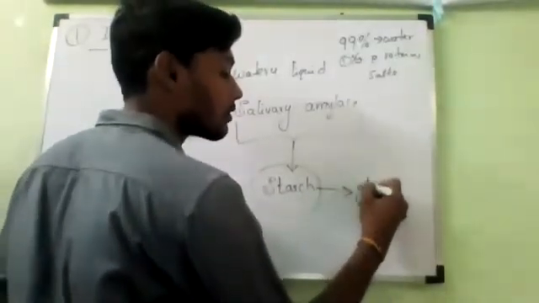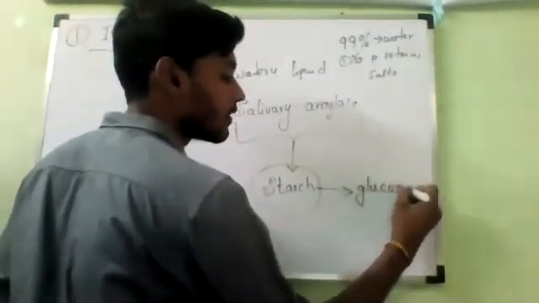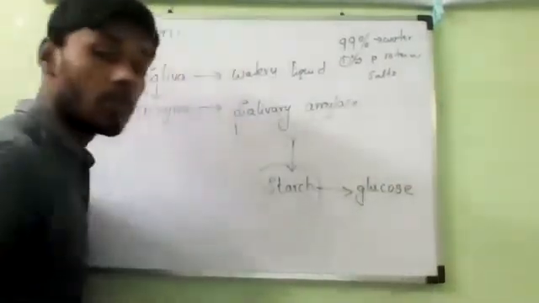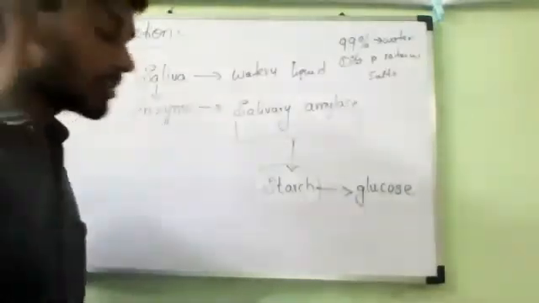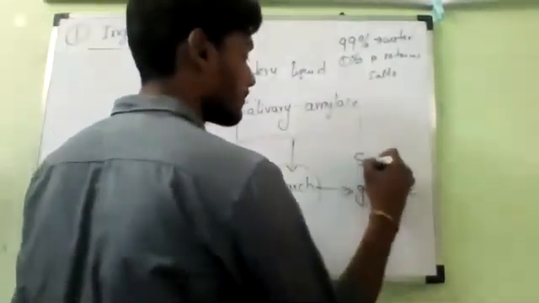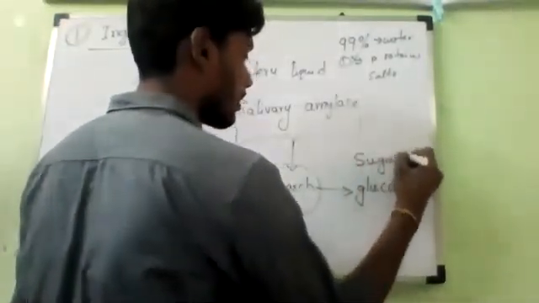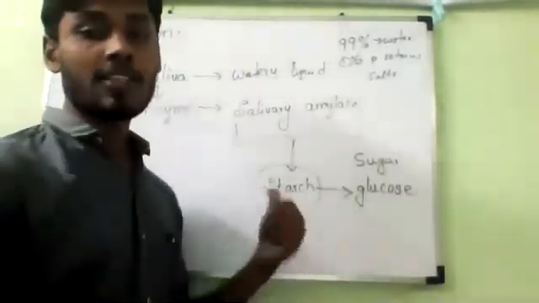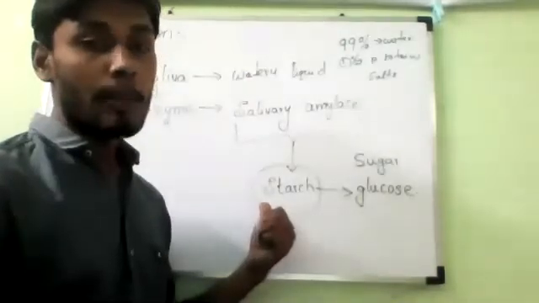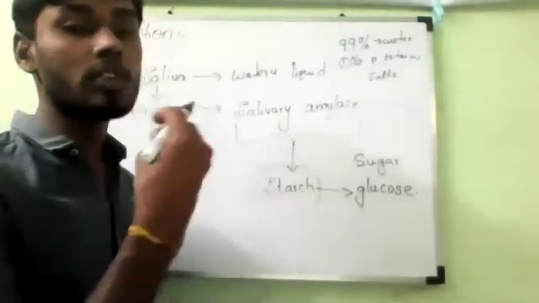Into sugar. Into glucose. So into glucose, or else we call it sugar. You can say starch into sugar. That is why the digestion of starch begins in the mouth itself.